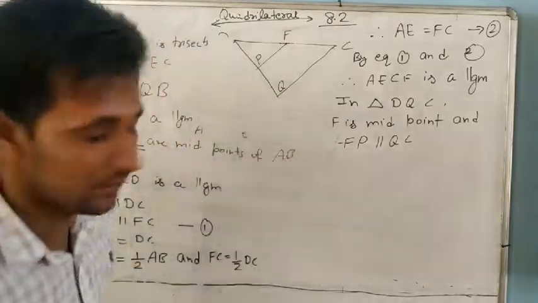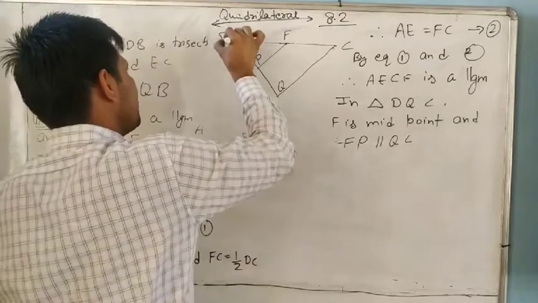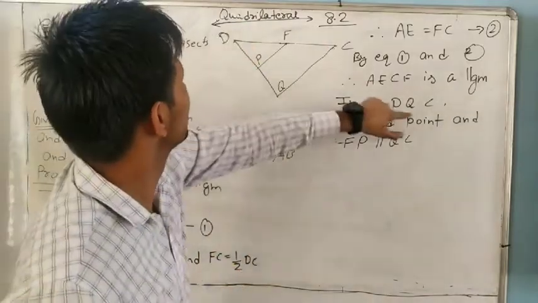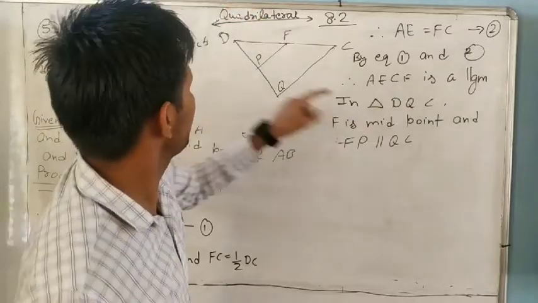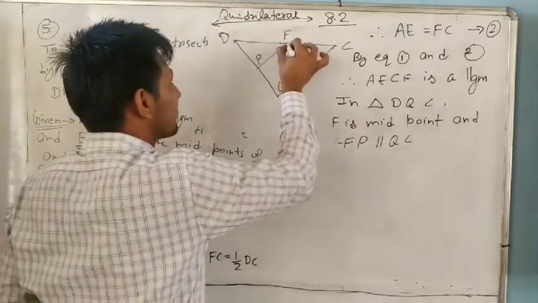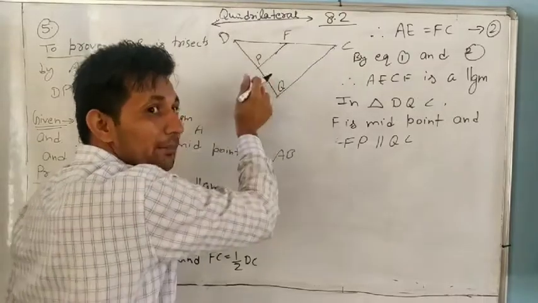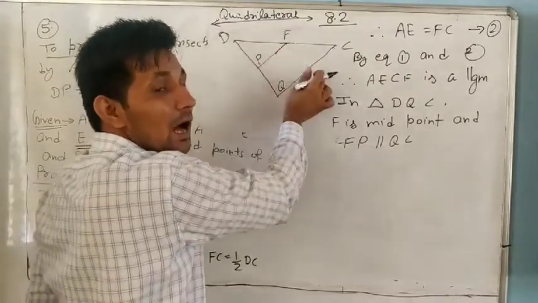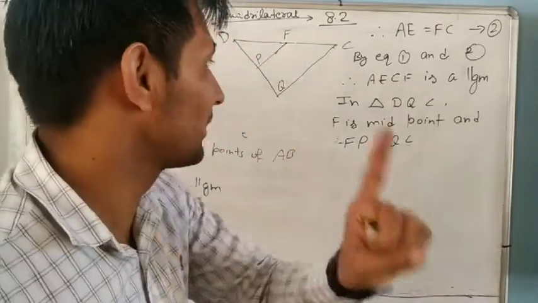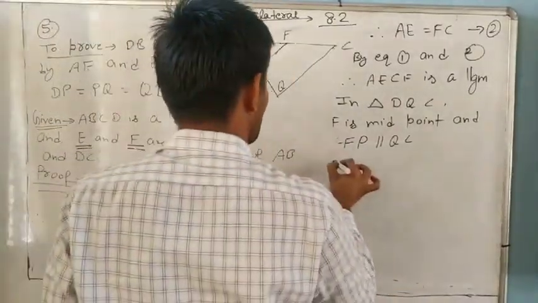It is a triangle DQC. F is the midpoint and FP is parallel to this side. So a line segment drawn through the midpoint and parallel to another side always bisects the third side, by the converse of the midpoint theorem.